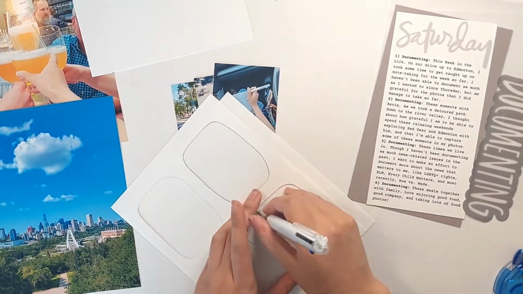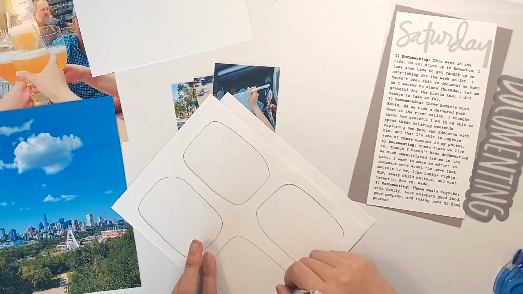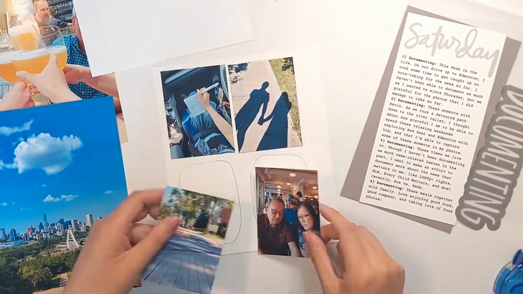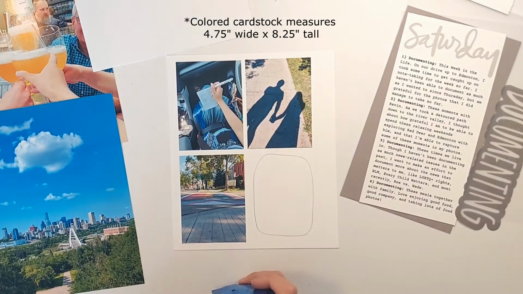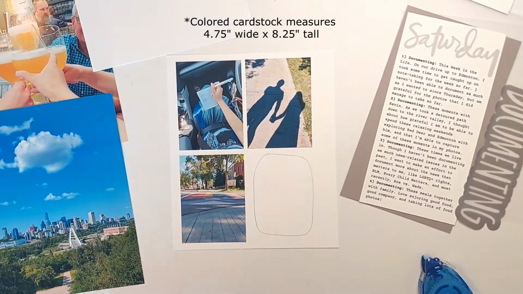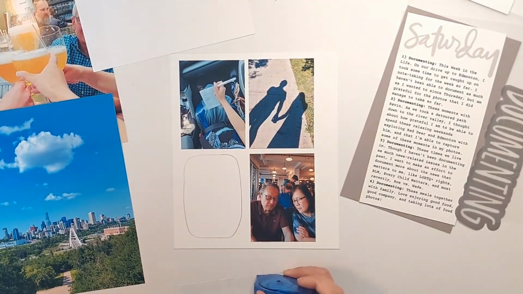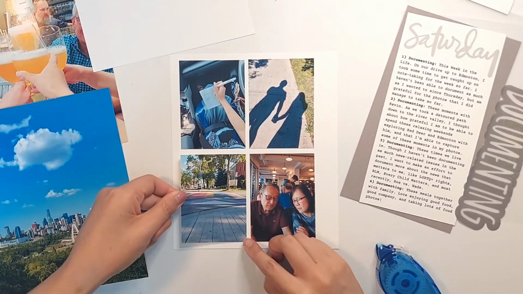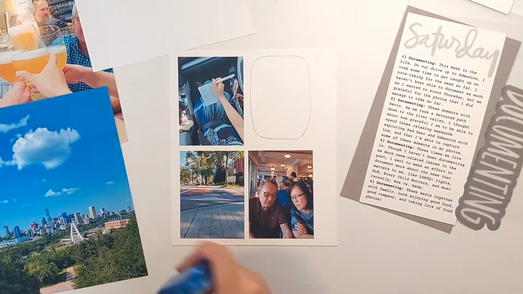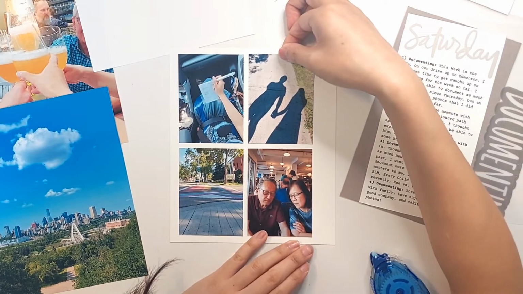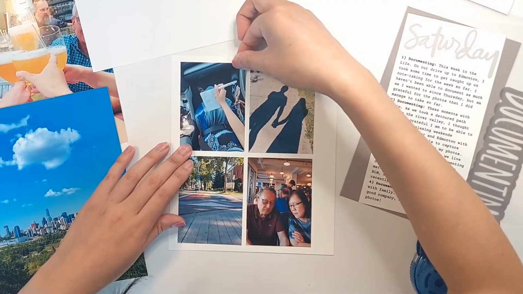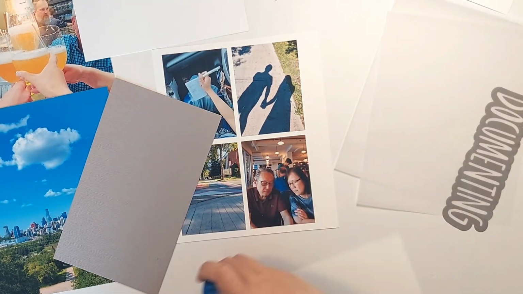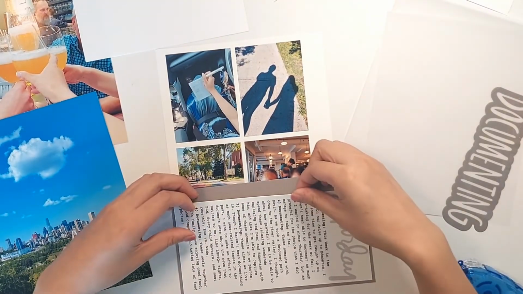And I did make sure to adhere that 4x8 journaling card to the right side of that 5x8¼ inch piece of colored cardstock, just because I do have to punch holes in that left side of that page. And the back of this piece of colored cardstock is going to hold the journaling card for my part 3 of my album, which I haven't started working on yet.